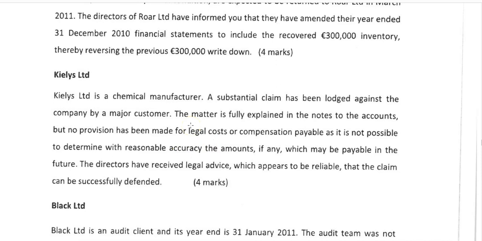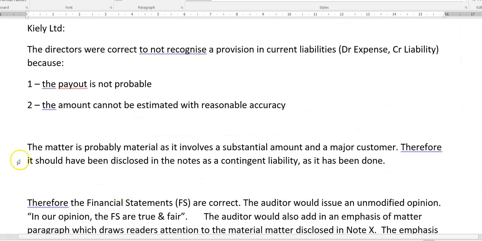That's important as well. So 1 mark or maybe 1.5 marks is going for saying unmodified audit opinion. So maybe I'll just write it here. And Kylie, so there'll be a mark going for showing that you know the accounting rule in relation to provisions versus contingent liabilities, which is a provision cannot be recognized.